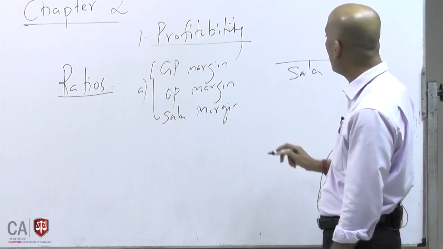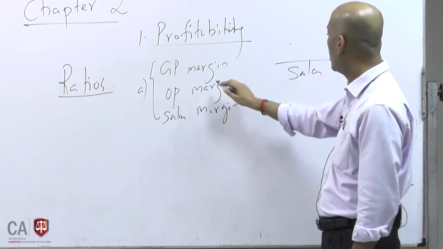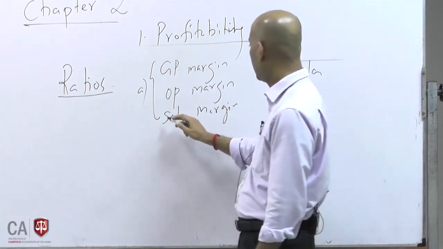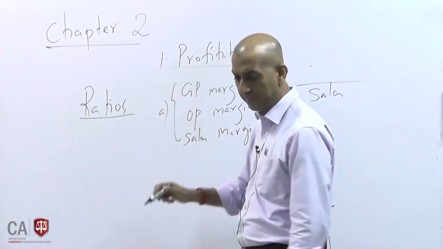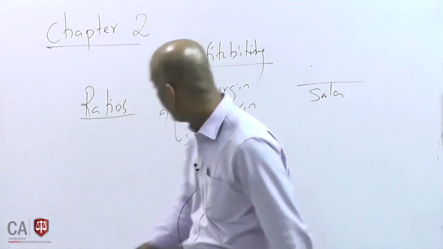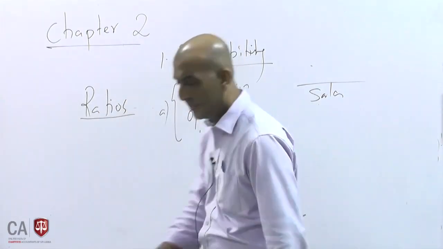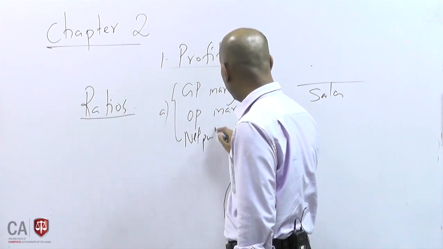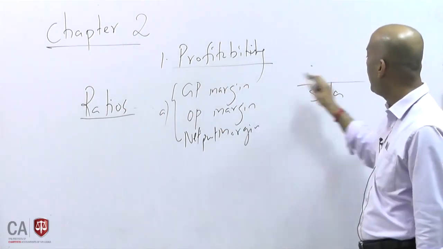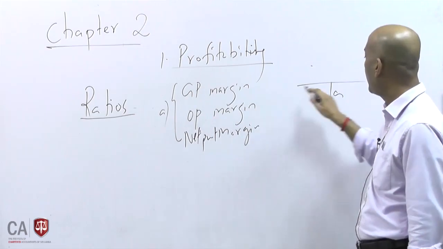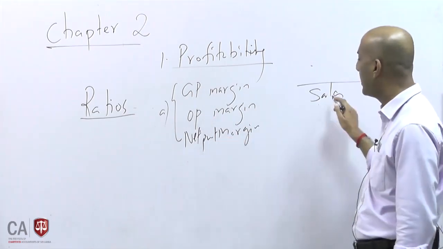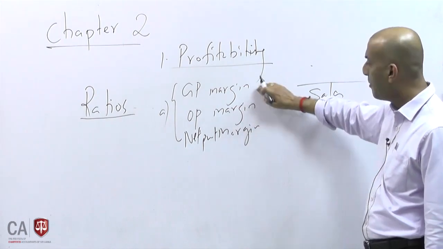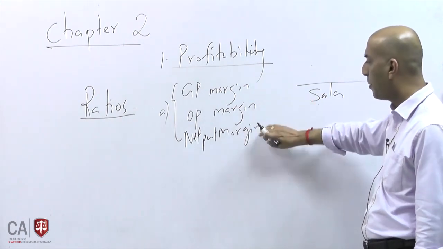So you have GP divided by sales, operating profit divided by sales, net profit divided by sales. All three give you margin: GP margin, operating profit margin, net profit margin.